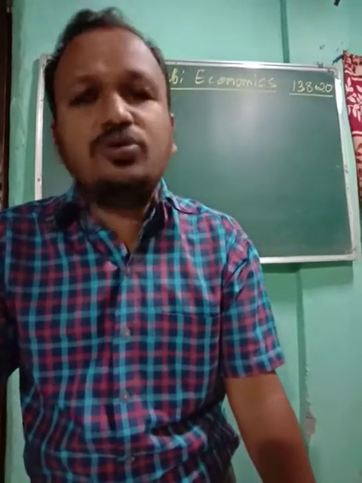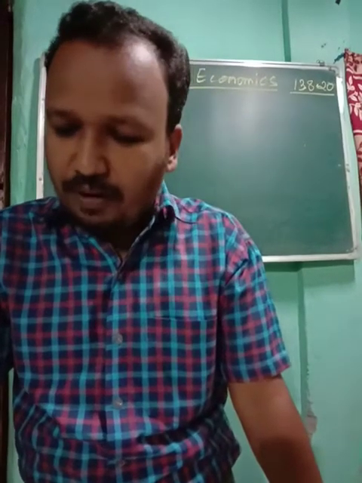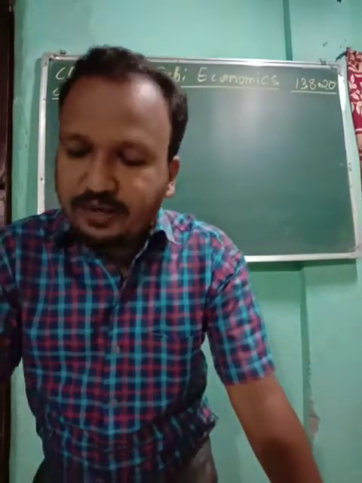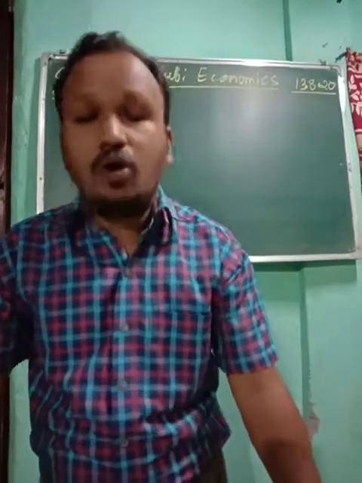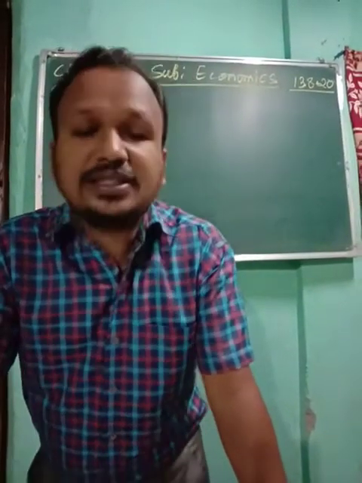When you are consuming two commodities, what does a consumer want? A consumer wants to get satisfaction. When you get equal satisfaction from both commodities, that is shown with the help of your indifference curve. So an indifference curve is nothing but a locus of combinations of two goods that are equally satisfactory to the consumer.